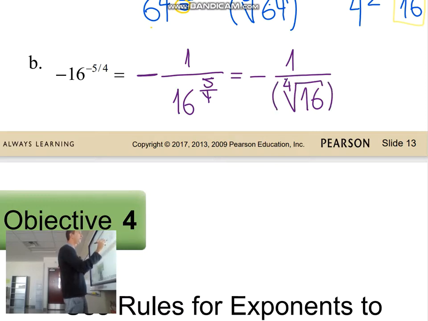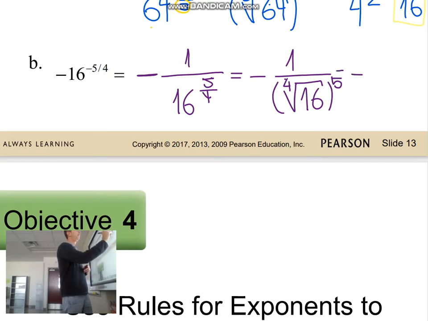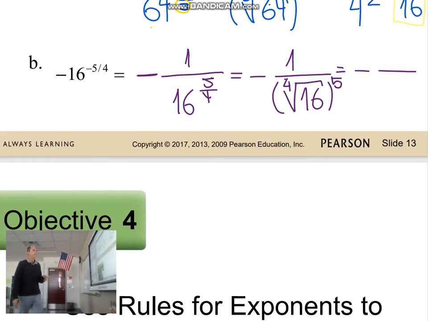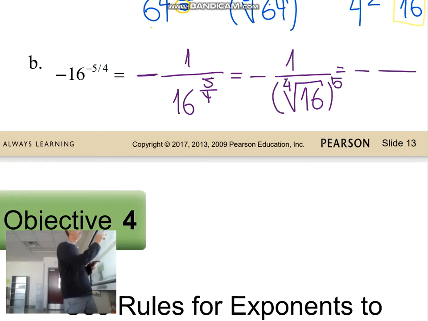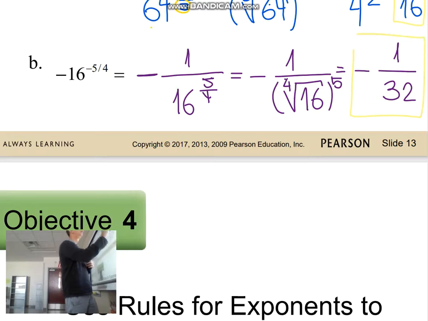And the numerator 5 becomes the exponent. Cool? The 4th root of 16 is 2, and 2 exponent 5 is 32. The answer here is negative 1 over 32.